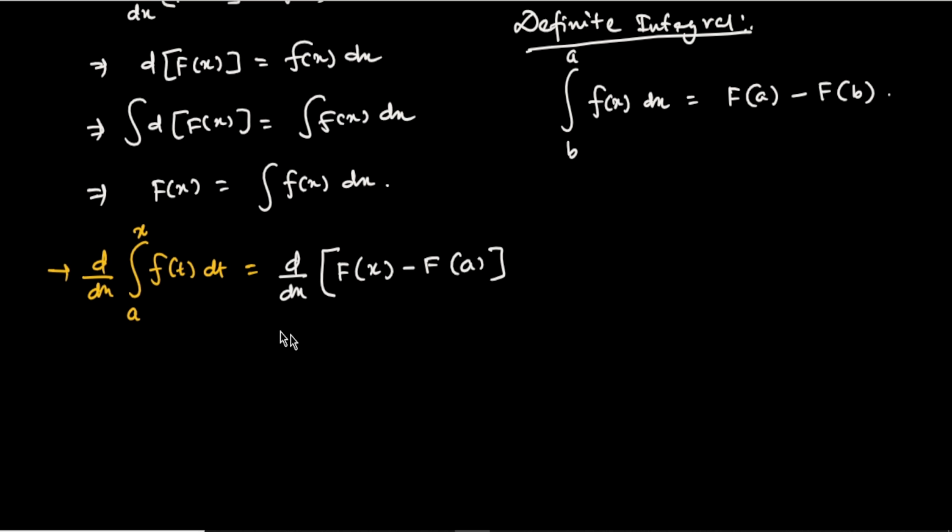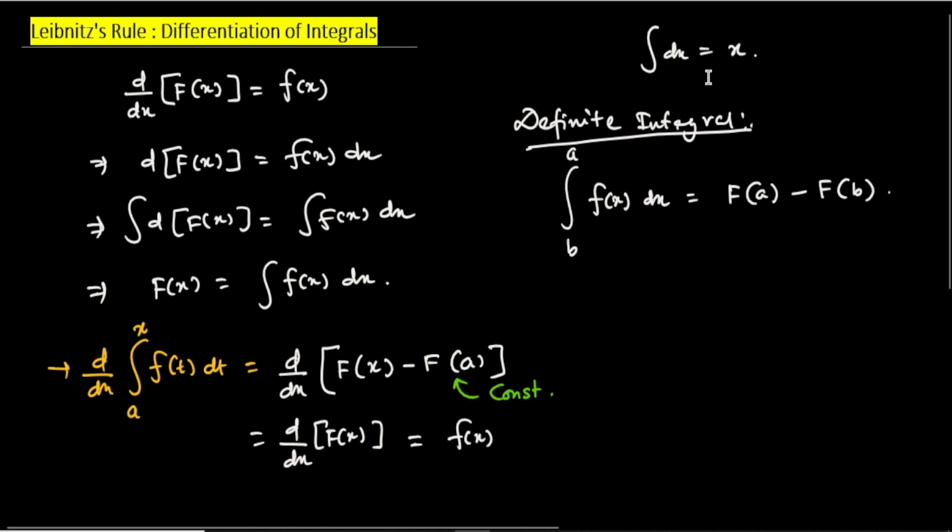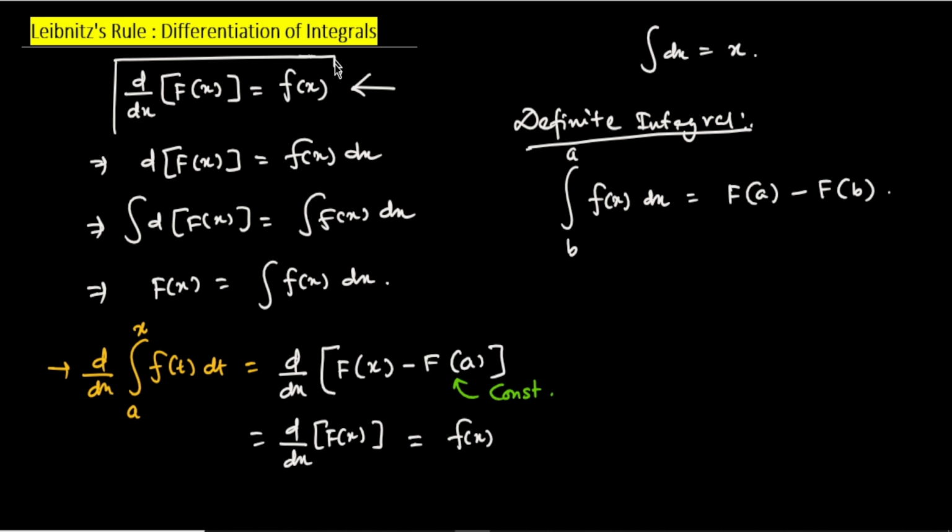As we know, capital F of a is just a constant, it is not a function of x. So the differentiation with respect to x of capital F of a is 0. The remaining term is d by dx of capital F of x. So it gives us f of x, because of the definition of differentiation as we have taken earlier.